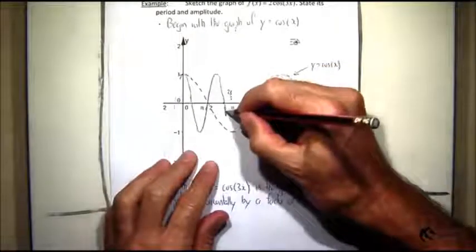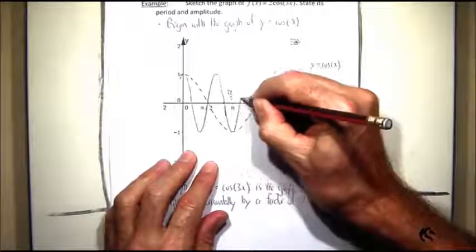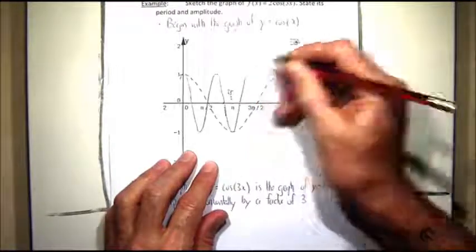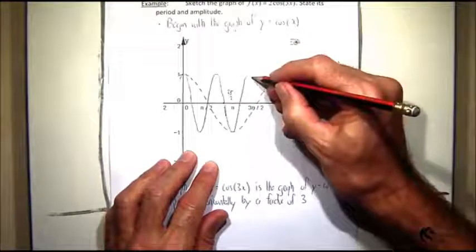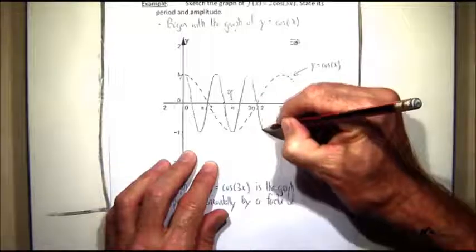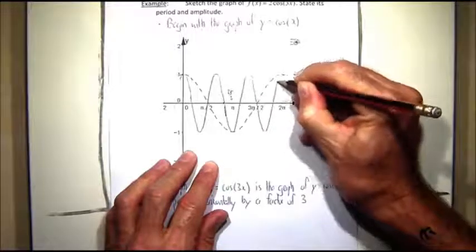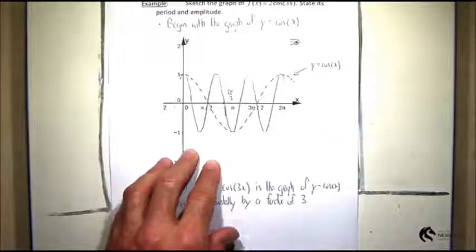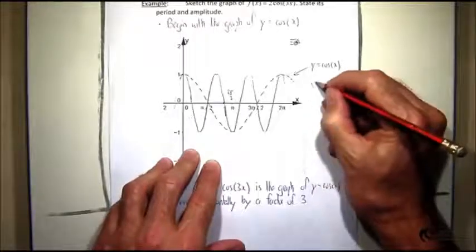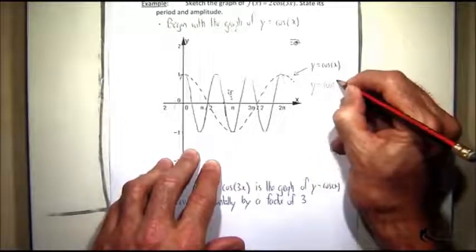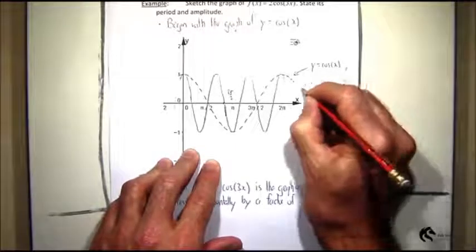So let me keep going. There's the second time, and then I come down, and there is the third time sitting in there. So that's the graph of y is equal to cos 3x sitting there.